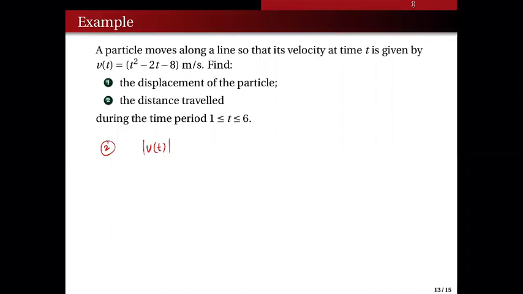You have t squared minus 2t minus 8. You start by factoring this. If you factor, this is t minus 4, t plus 2. Okay? And then you write a table of signs.